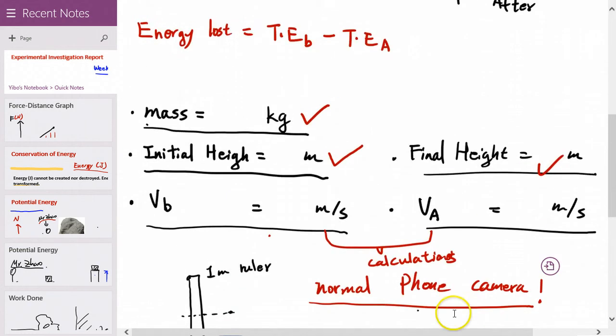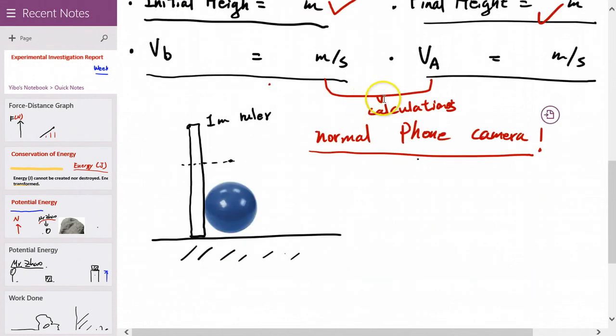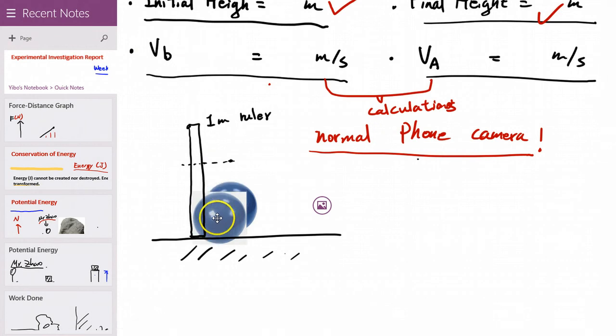But remember, you need to talk about the errors you made, because when we use calculations, we assume there is no friction. Actually, there is. So the velocity you calculated will be higher than expected.